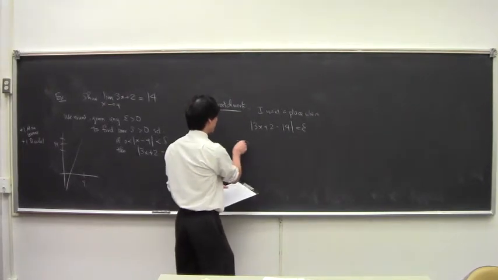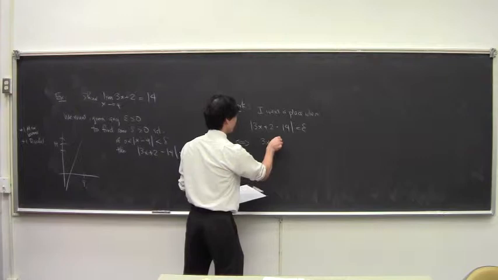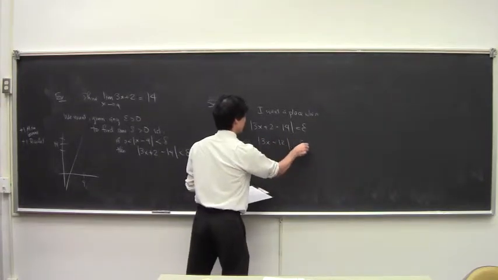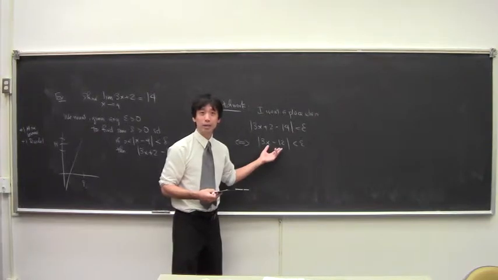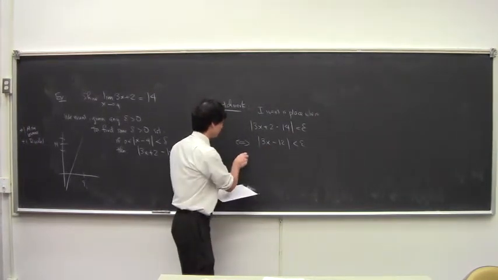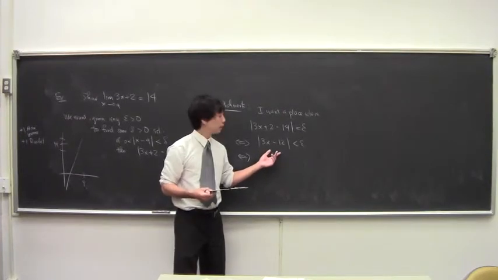I can actually simplify this a little bit by using arithmetic. I'm just going to take that 2 and subtract 14. And then I can simplify it a little bit more. How can I simplify it a little bit more?